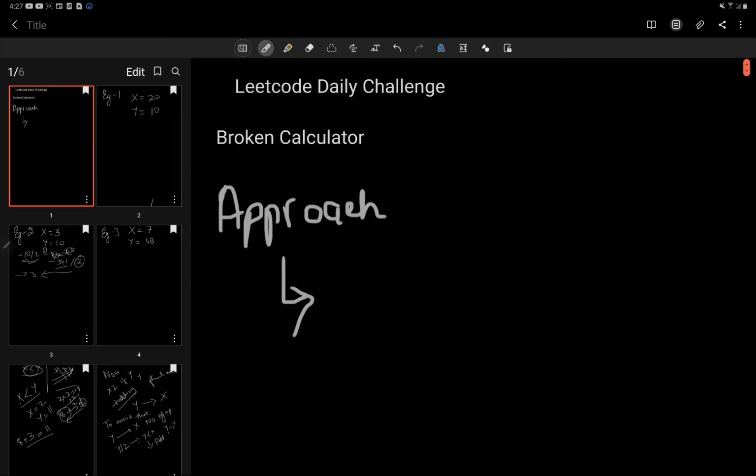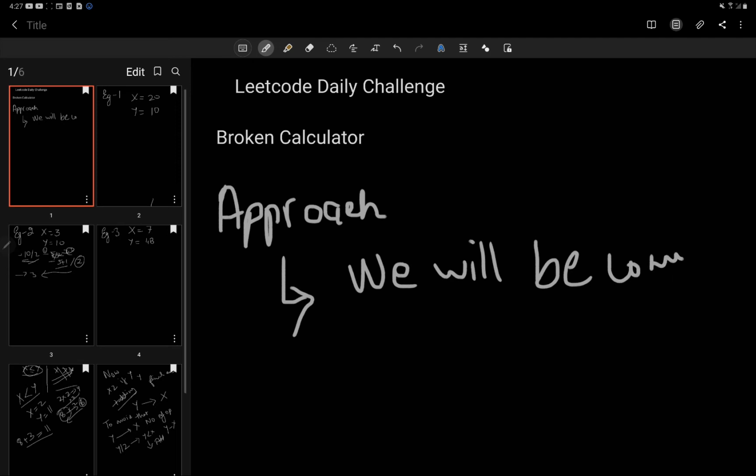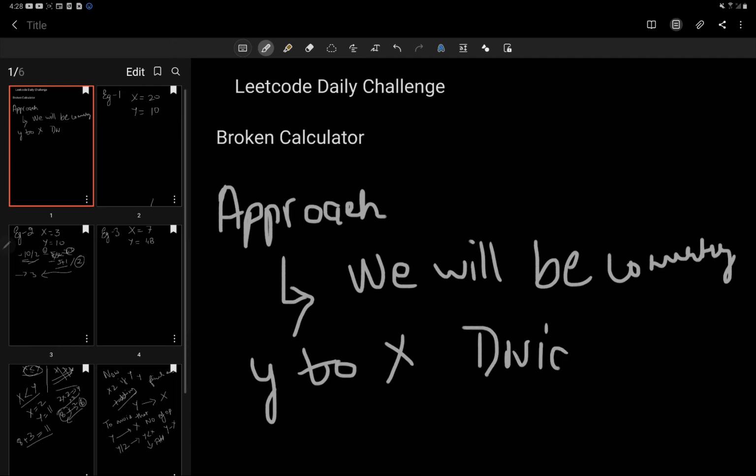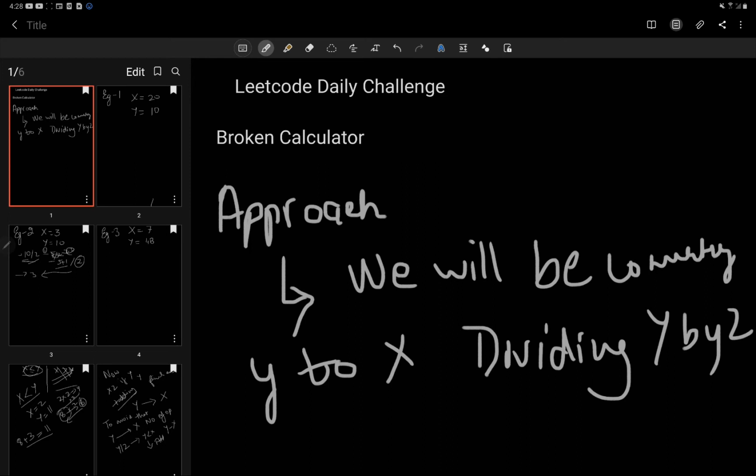The approach for this question will be converting y to x, and we will be doing that by dividing y by 2 only if y is even, and otherwise we will be adding 1 to y, and we will be doing these steps until y is greater than x.